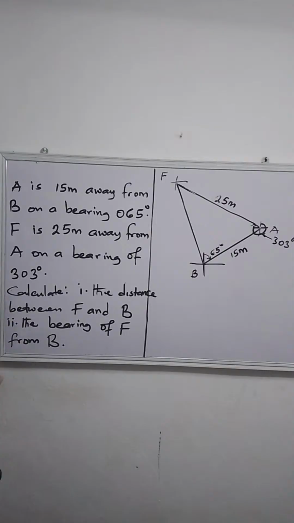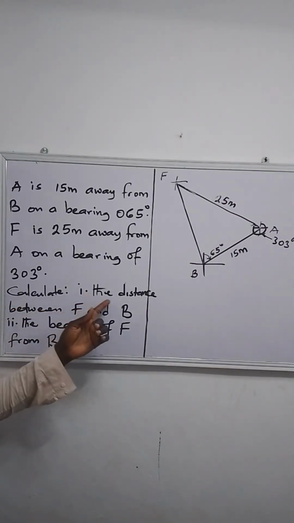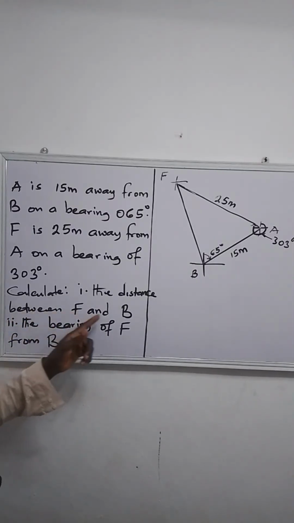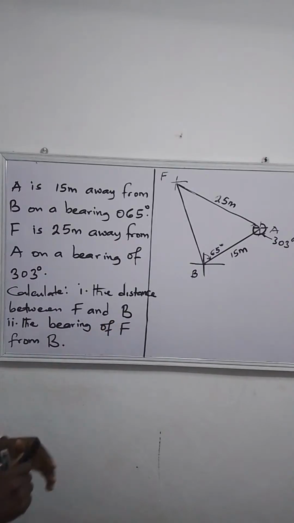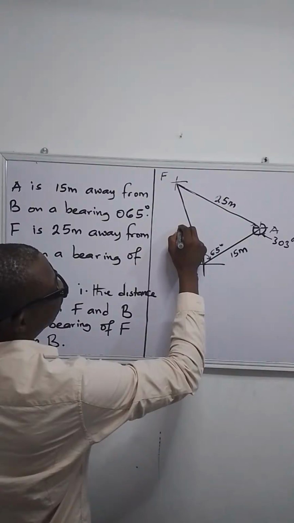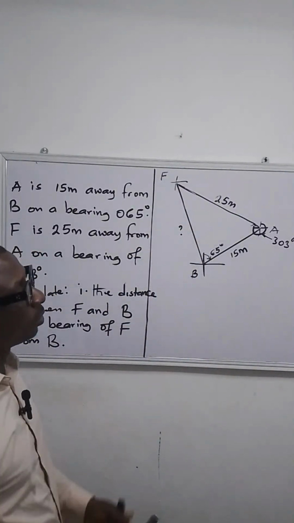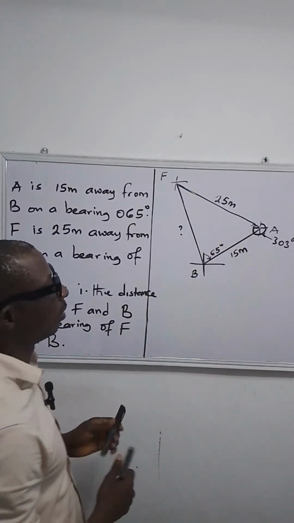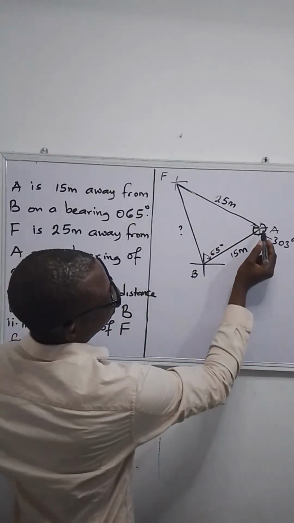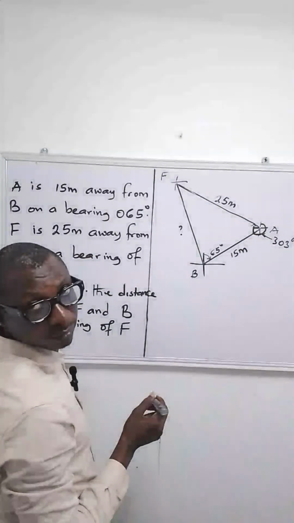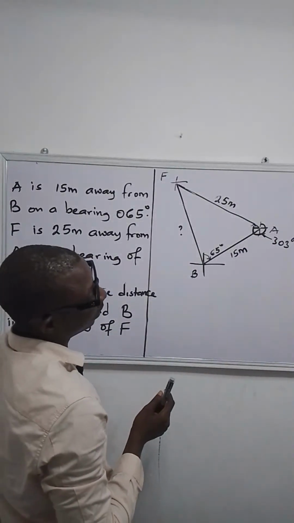All right, so the next thing is to do the question. You have to calculate the distance between F and B. So this is the distance we want to calculate. All right, so now we need to get this angle here. Let's analyze the angle here. Now, when you look at this, from here to this place is 303.